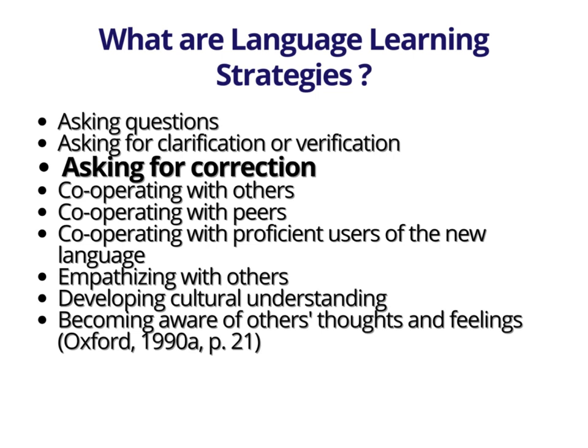In other words, we can use several strategies to achieve the goal of becoming a competent user of the English language, like asking questions, empathizing with others, developing cultural understanding, becoming aware of your thoughts and your feelings, working with others, learning from peers, using mnemonic techniques, asking for clarification, and using tools, so on and so forth. So there are many ways to achieve our learning goal.